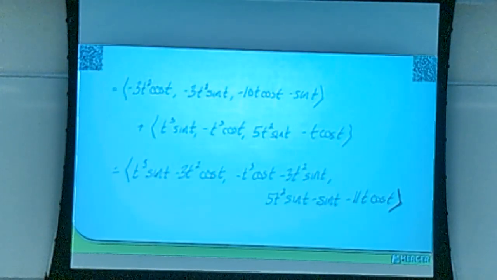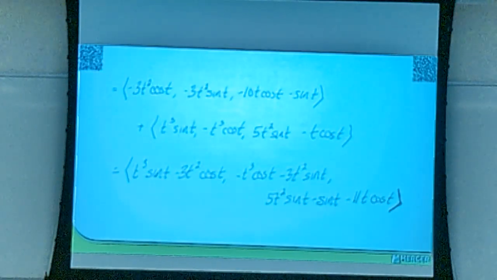Right? That's using the cross product rule. So we had to do two cross products there.